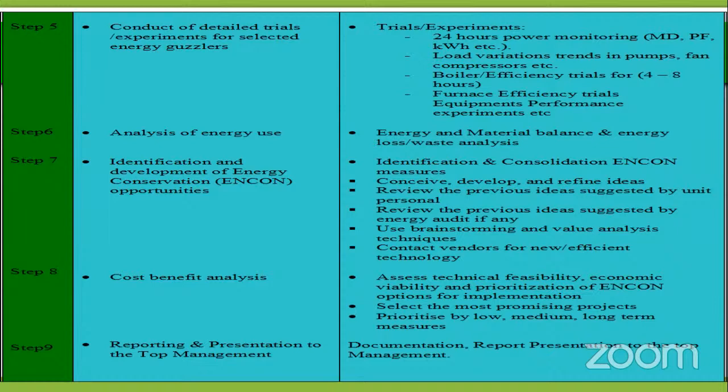If you just load everything, whether it is going to trip or not, I'm least bothered, material needs to be dumped, my work is completed, I don't bother about how much it is going to burn or how much waste it is going to produce, then the analysis is going to be a waste. But we need to give training to every individual so that the energy and material balance is happening. And energy loss and waste analysis.